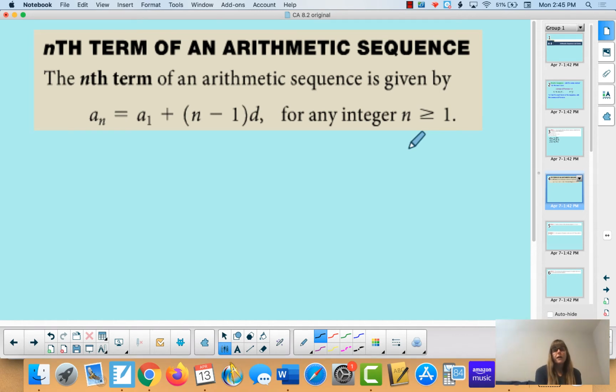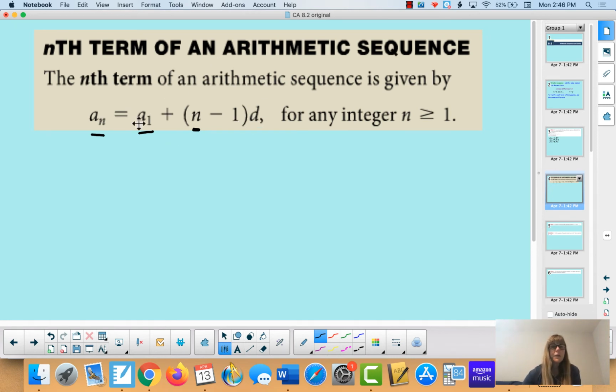So the formula for finding any term of an arithmetic sequence is this: a sub n, which stands for the term that you want to find, equals a sub 1, the first term, plus n minus 1 times the common difference, where n is how many terms you have up to a sub n.